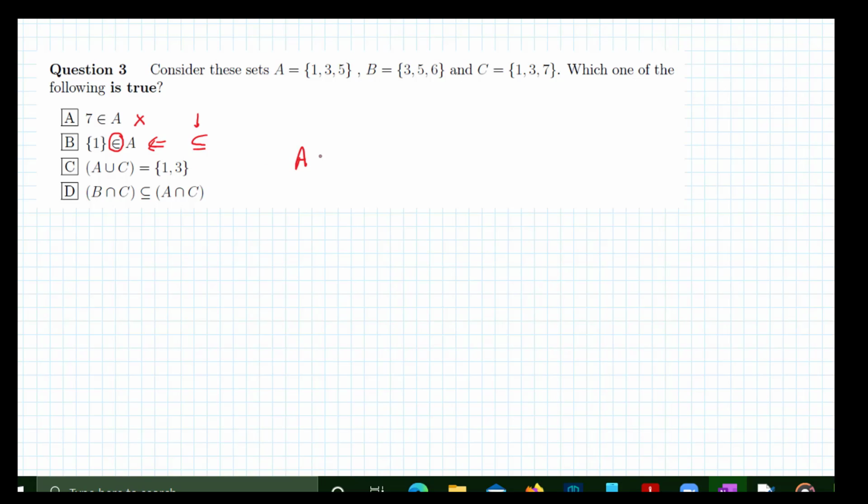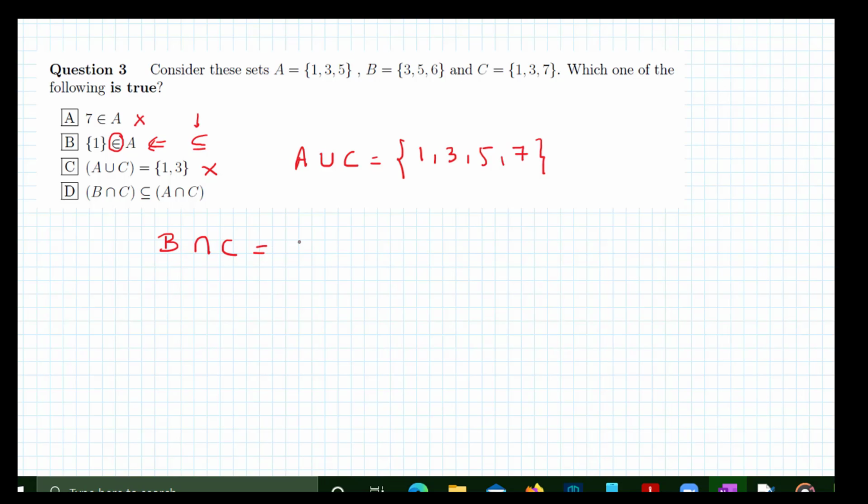For A union C equals {1, 3}, this is also wrong, since with a small computation, we can see that A union C equals the set {1, 3, 5, 7}. So this is not equal to the set {1, 3}. Now, as a conclusion, we deduce that the last answer is the right answer. Let's verify it.